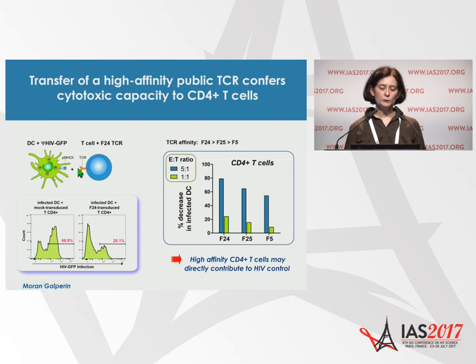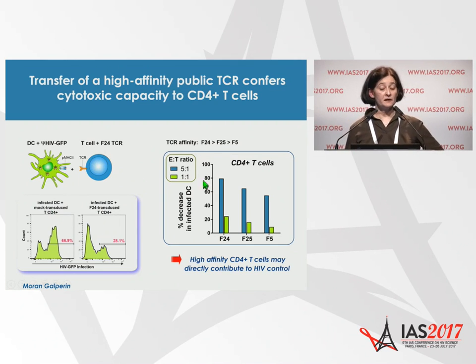And when you put these two cell types in contact, you see that the number of infected DCs decreases here in the presence of the high-avidity F24 TCR as compared to the mock transduction.